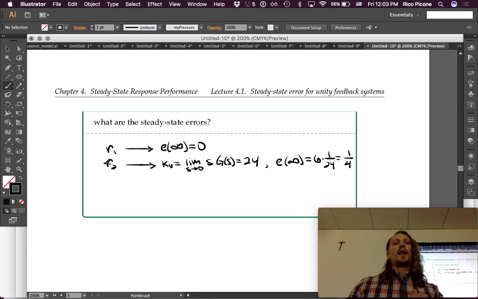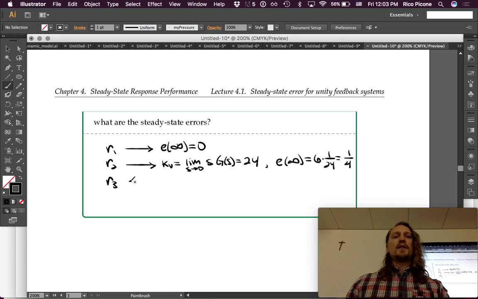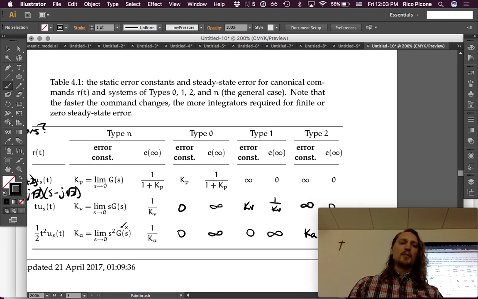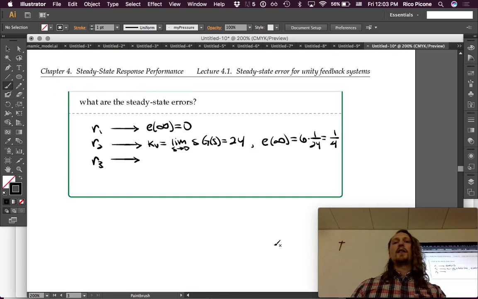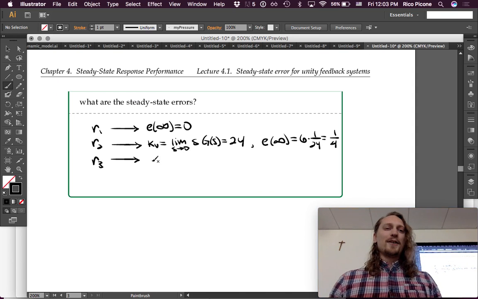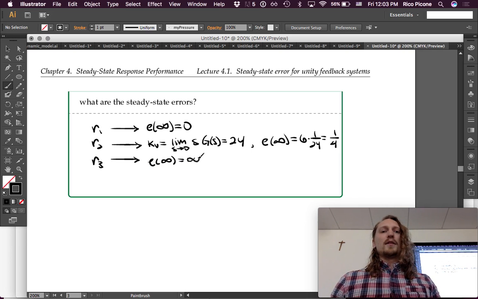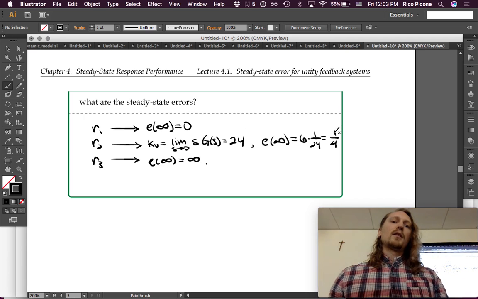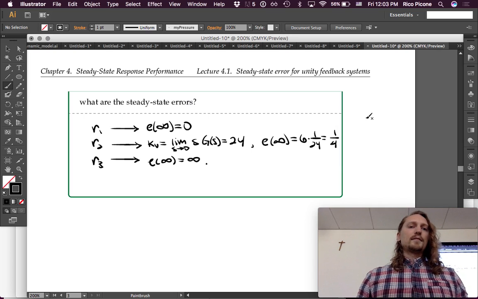Boom. And then R3 is easy too, because if you look in the table, for a type 1 system with a parabolic input, the error constant comes out to be 0, and steady state error is infinite. If you multiply infinite by 14 or by 7, it's still infinite. So we can say E of infinity equals infinity. And that is our example. It's pretty straightforward.